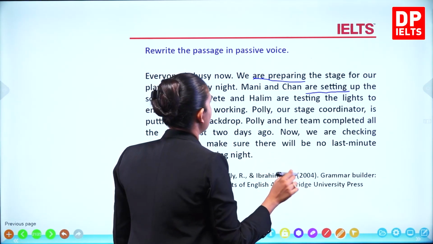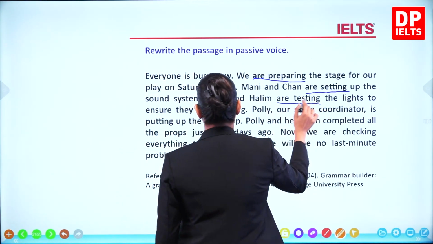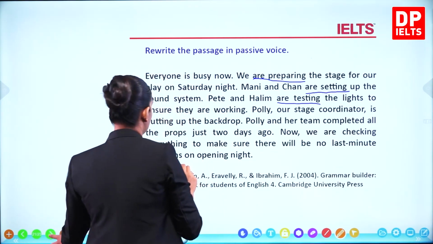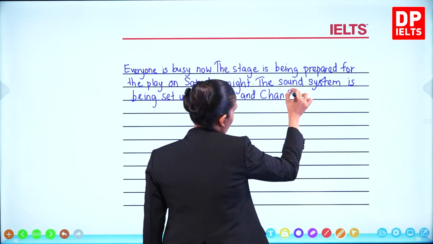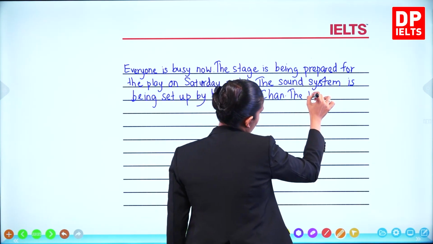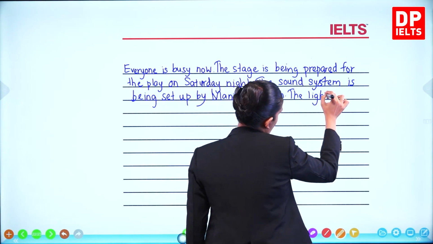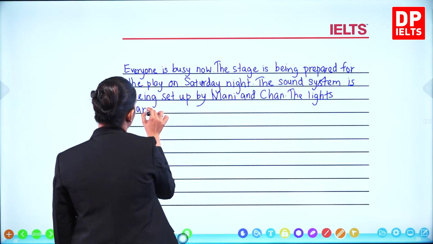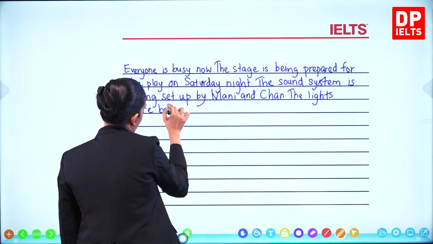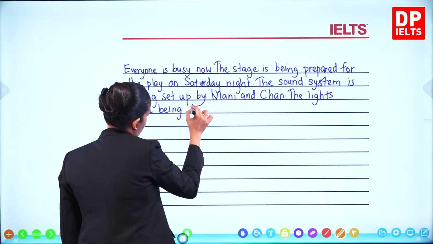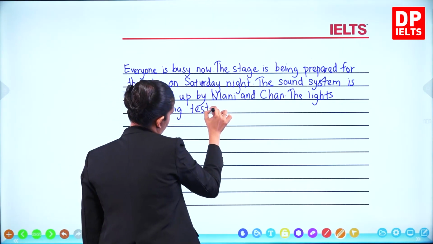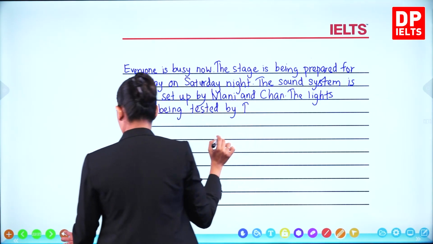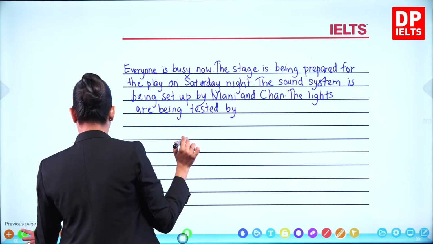Pete and Halim are testing the lights to ensure they are working, right? So, the lights are being tested by, who is it?